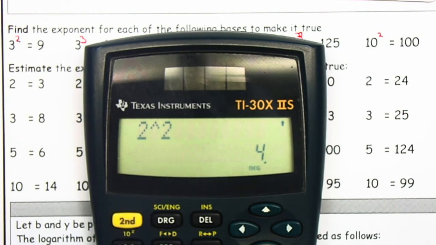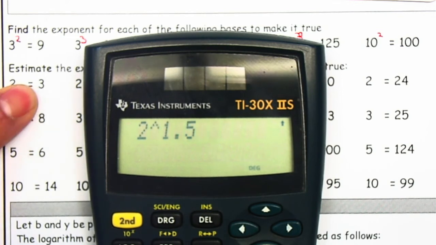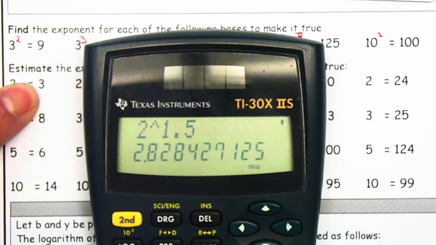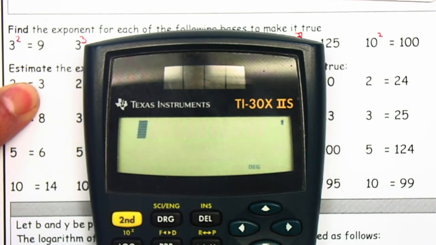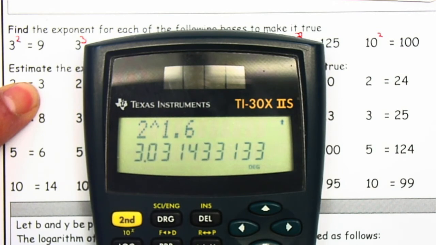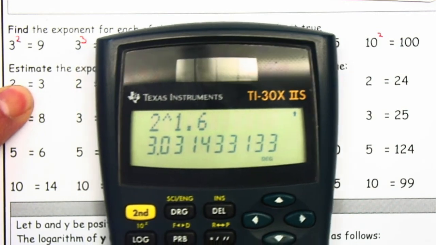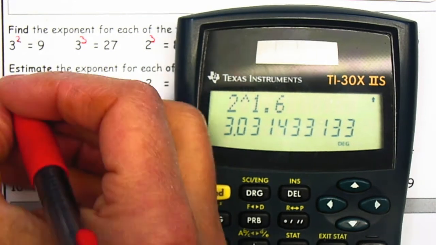So let's try 1.5. 2 to the power of 1.5, I'm looking for it to be equal to 3. It's 2.8. So let's go 1.6 instead. 2 to the power of 1.6. That's actually pretty accurate. So the exponent will be about 1.6.